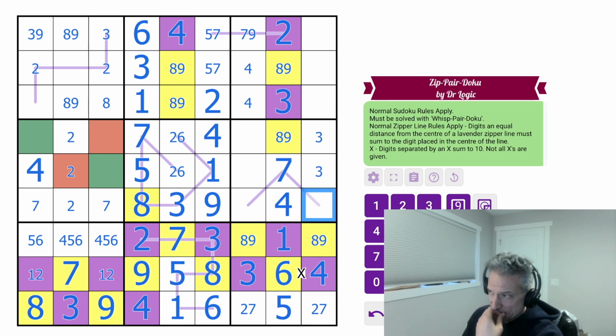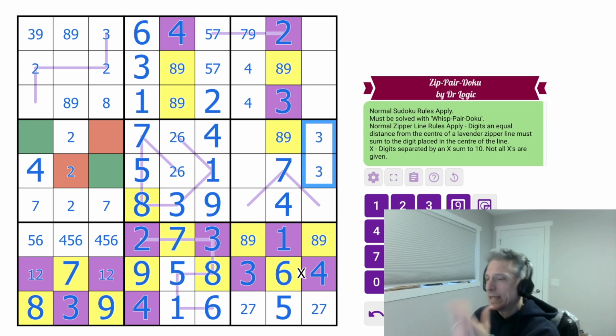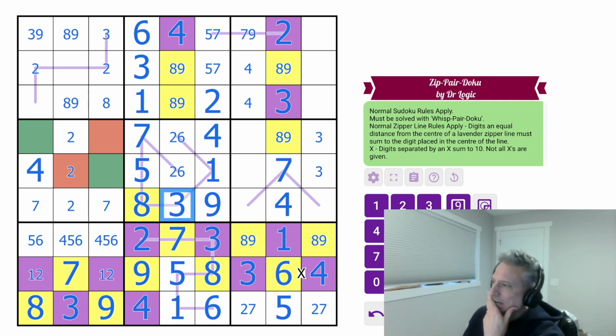Does that make sense? Oh, you're saying in box 6, cells 3 and 6 could be 3? Yeah, but that's just Sudoku. Oh, yeah, I didn't see the 3 to the left of it. Shoot. Never mind.